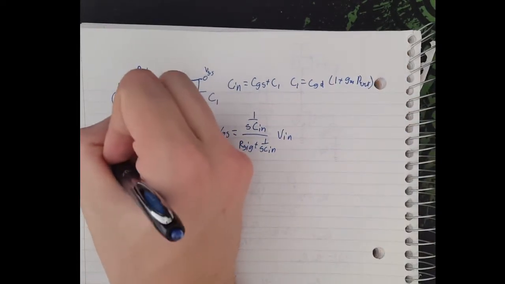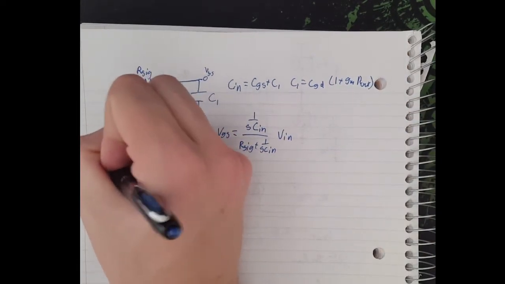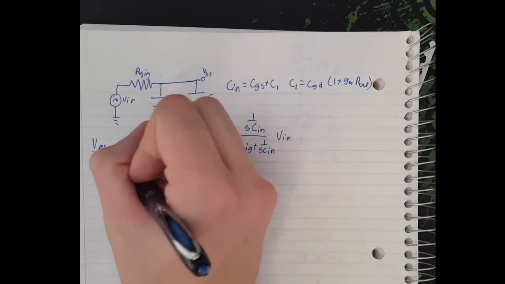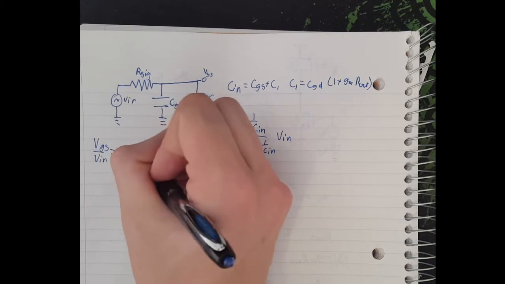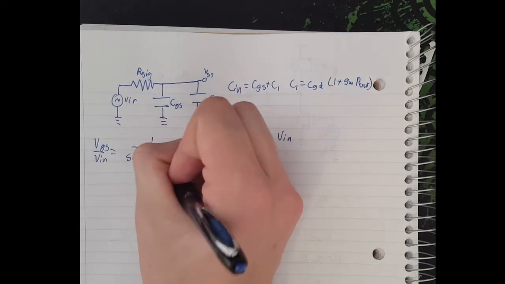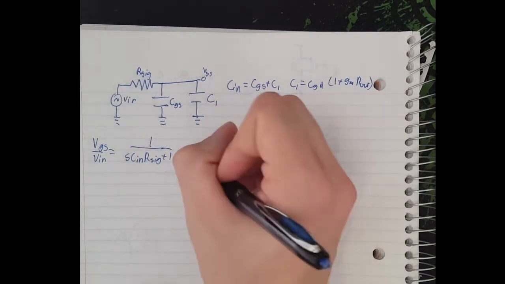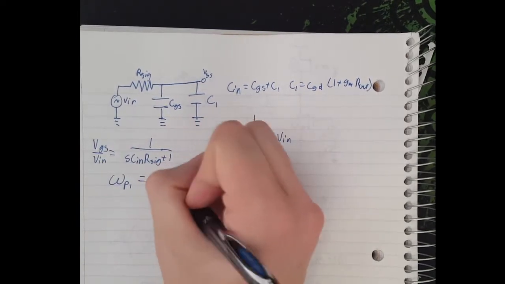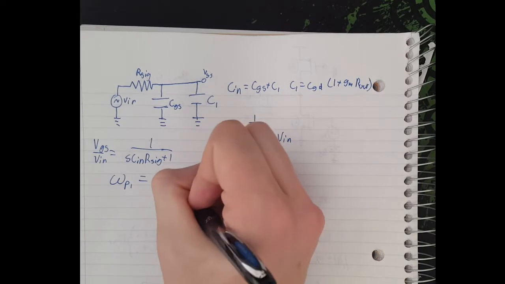So then we get VGS over V in equals 1 over SC in R sig plus 1. So remember, our first pole is just 1 over C in R sig.